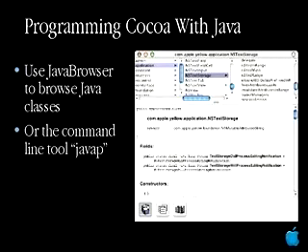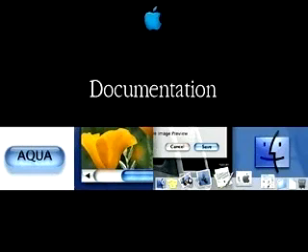One tool we provide on the system is this app called Java Browser. It's really handy. It just shows you a browser up there of all the classes it knows about, which includes the Cocoa classes, plus all the other classes, including the Sun classes. And you can choose any class, and down below it will show you a nicely formatted API for that class. So it's a fairly handy tool if you want to browse through the APIs.